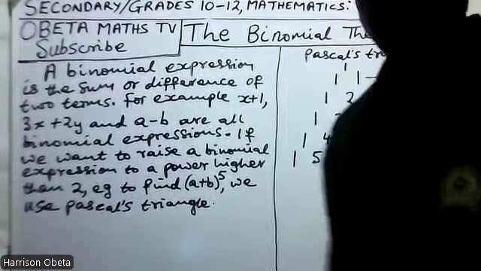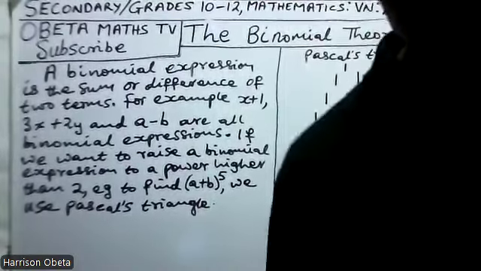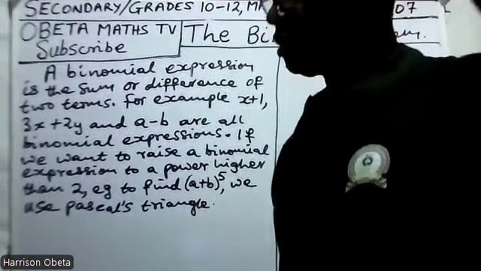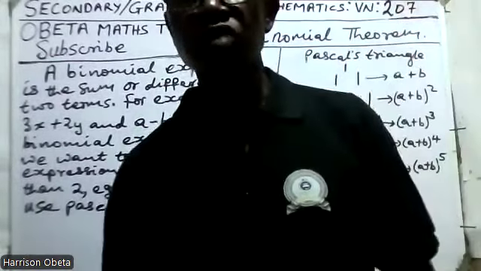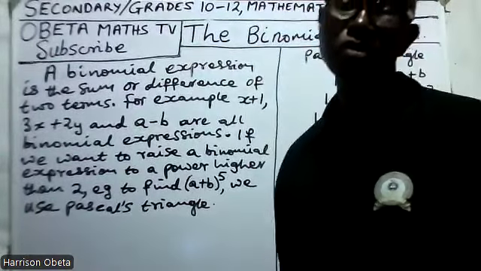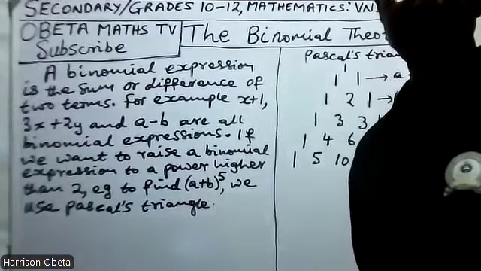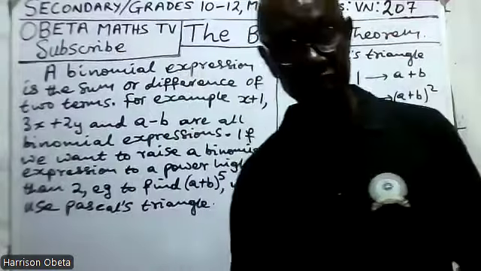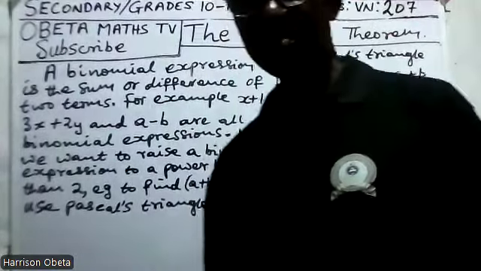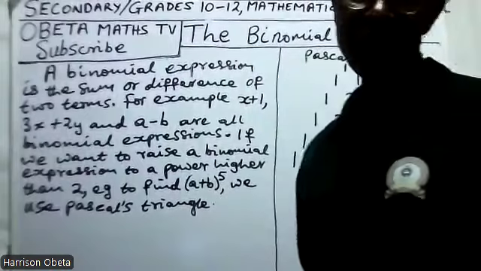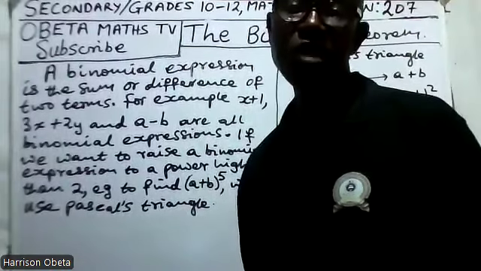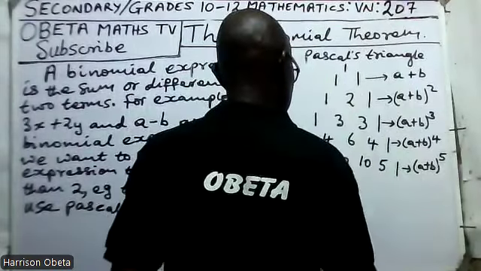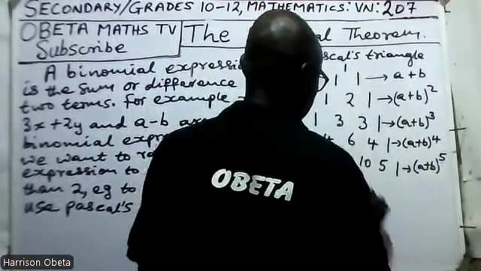Under the binomial theorem, we'll also be bringing in Pascal's triangle, because that is what will help us to expand an expression very easily. Though we are going to be using the binomial theorem when we have a larger number, maybe a plus b raised to the power 30.